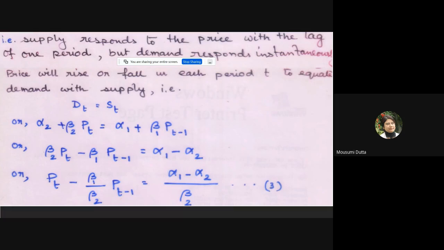When we solve it, we need to write the complementary function and the particular integral, because the time path will finally be CF plus PI. So if I need to solve for Pt, Pt is nothing but CF plus PI. Now to derive CF, we need to consider the homogeneous form of the equation. We talk about the trial solution only for the homogeneous form.